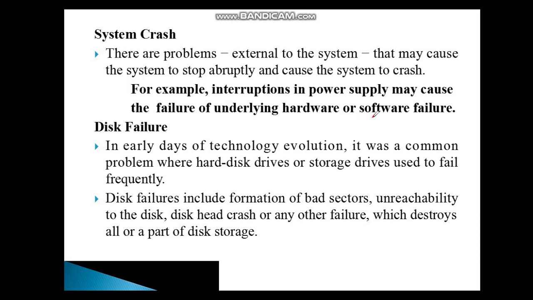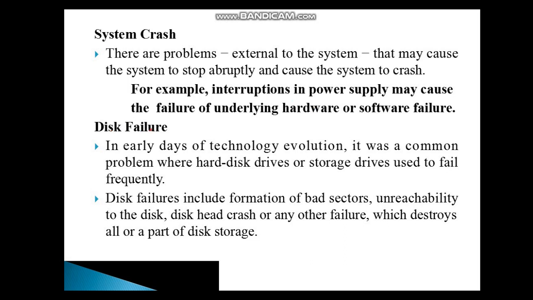So this is the system crash, where the entire system is corrupted. For example, when we are using a laptop and water falls on it, the system totally collapses. Or a sudden power supply problem may lead to failure of underlying hardware or software. So this is the system crash.